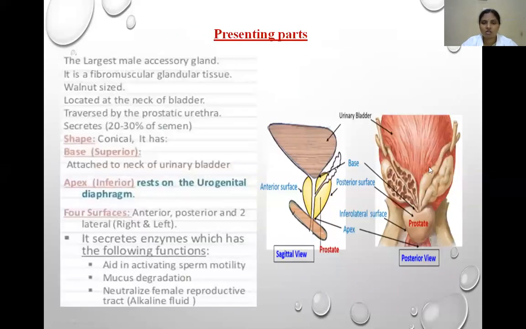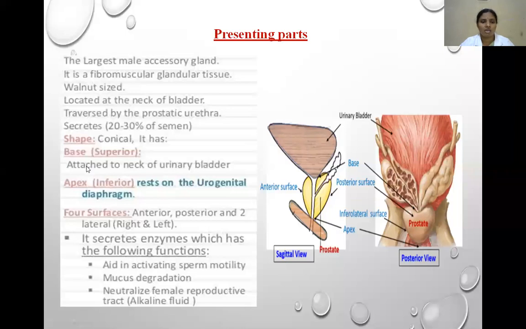So what are the parts of this prostate gland? As per the shape, which is a bud shape, it presents an apex and base. The base is wide and lies above; the apex is narrow, lies below, and is related to the urogenital diaphragm. Here the urethra pierces this urogenital diaphragm and extends as the membranous urethra.